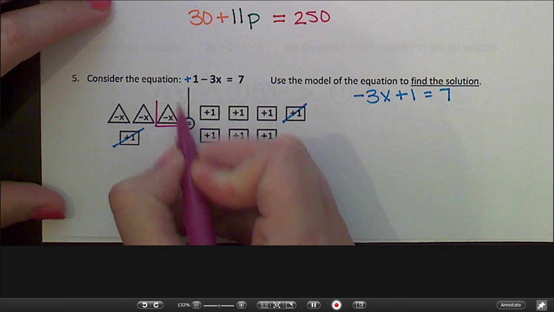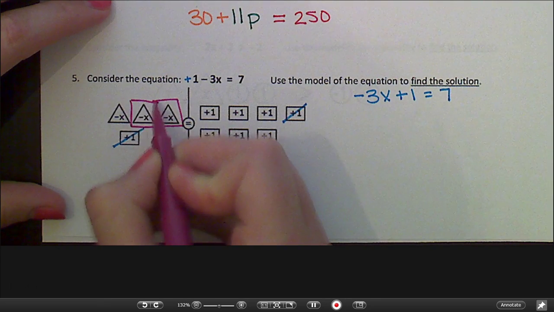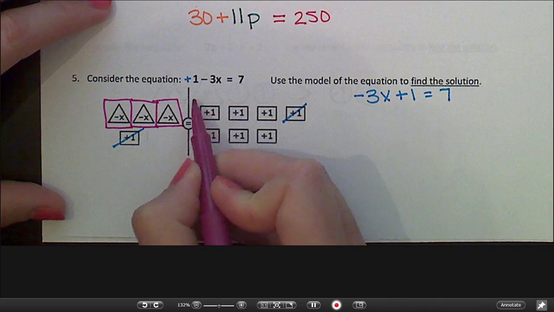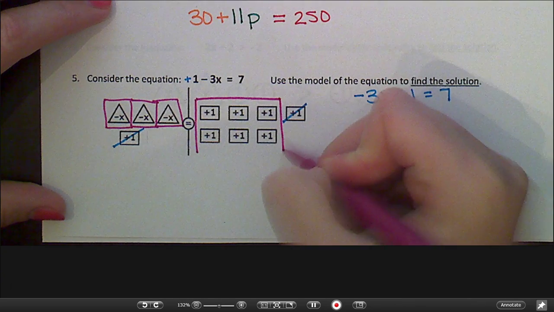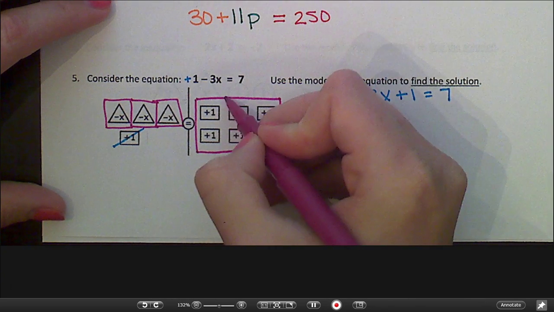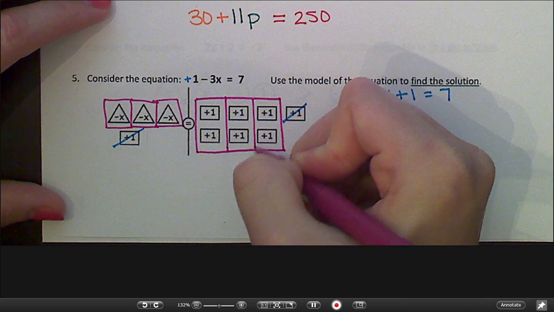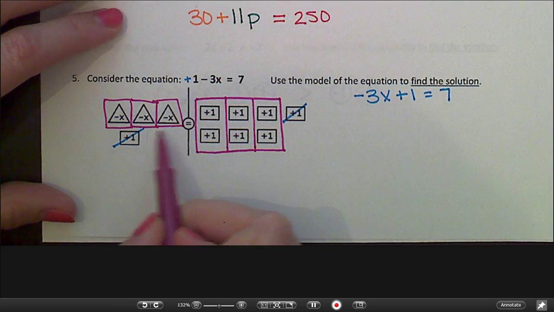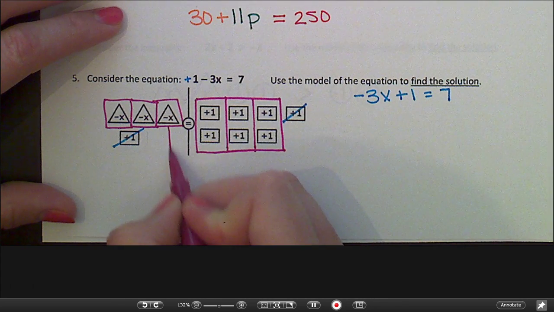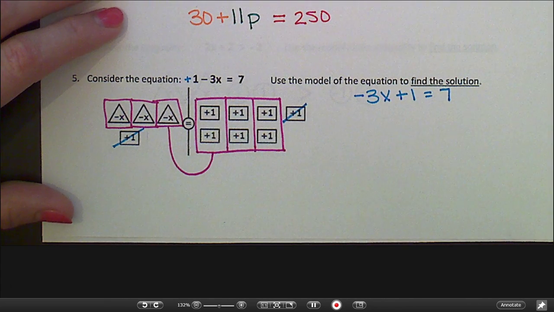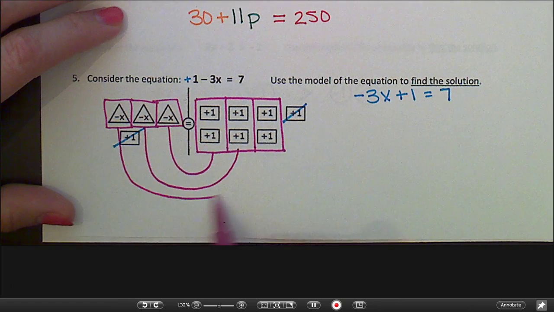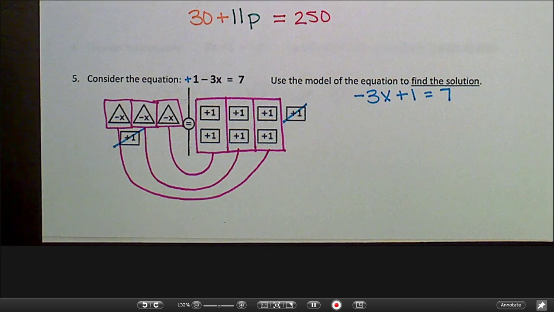I have 3 different pieces of x, and I'm going to divide the 6 into 3 different pieces also. 1, 2, 3 pieces. So here we have negative 1x equals positive 2, and this negative 1x equals positive 2, and this negative 1x equals positive 2.